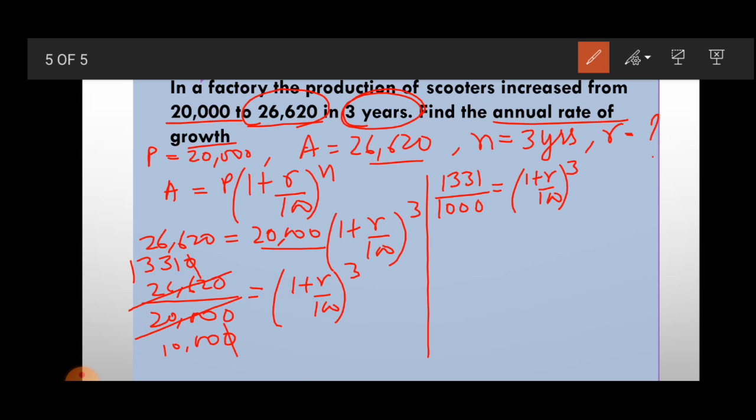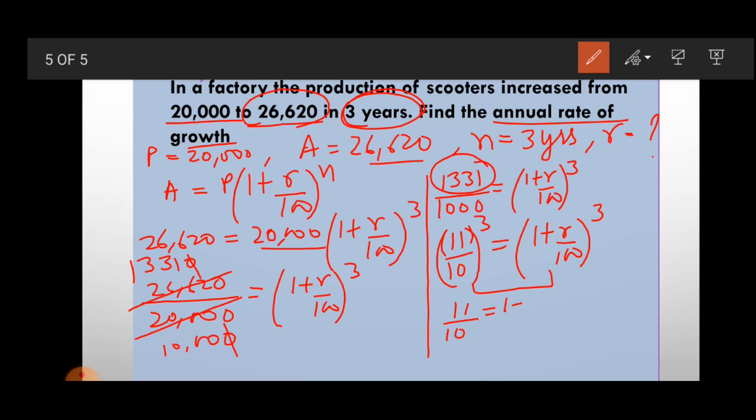Now 1,331 is the cube of 11 and 1000 is the cube of 10. So we get (11/10)^3 is equal to (1 + R/100)^3. Now compare this equation. We get 11/10 is equal to 1 + R/100. Write 11/10 as it is and shift 1 from right hand side to left hand side.